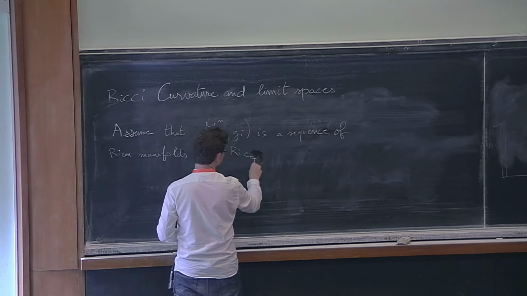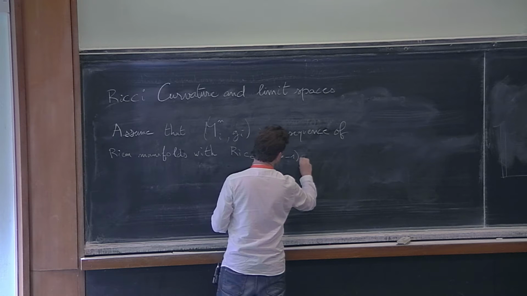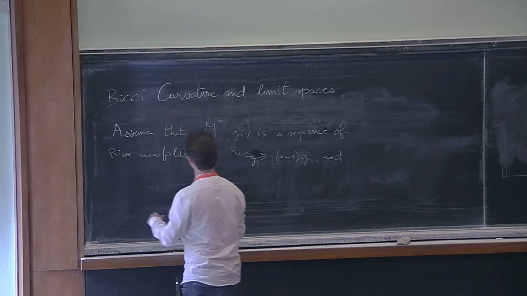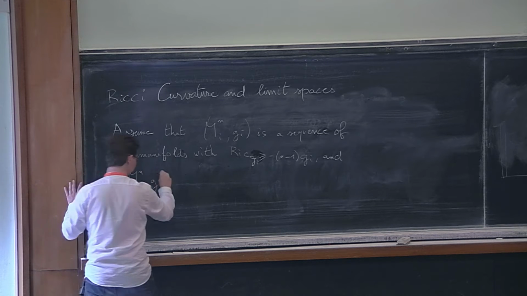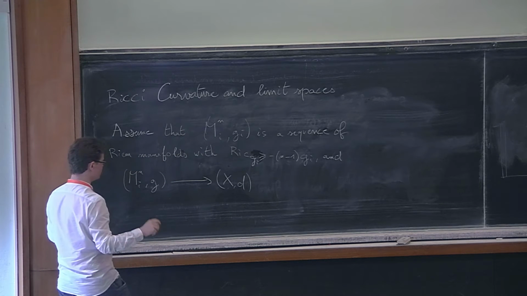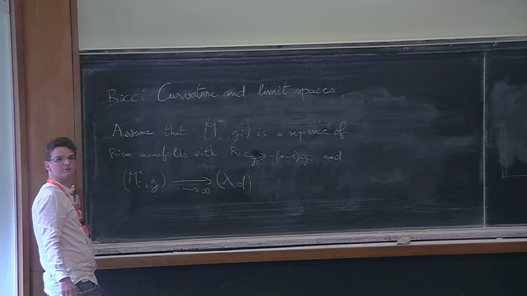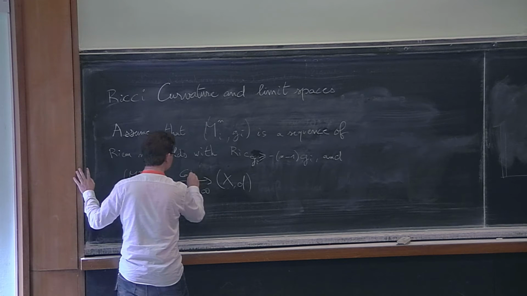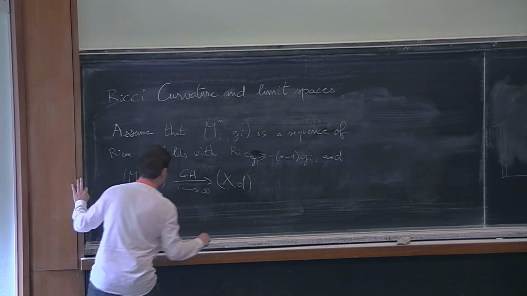So Ricci of the metric g_i is greater than, let's say, minus (n minus 1) g_i, and I'll say probably tomorrow what that means. But let's take that for granted now, that this sequence of Riemannian manifolds converges to some limit space. So that's Gromov-Hausdorff topology, but we'll come to that at some point.